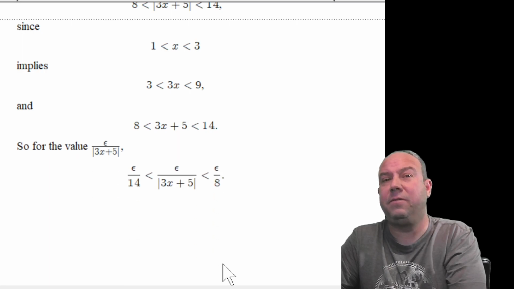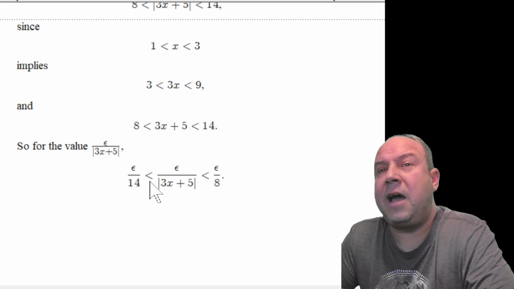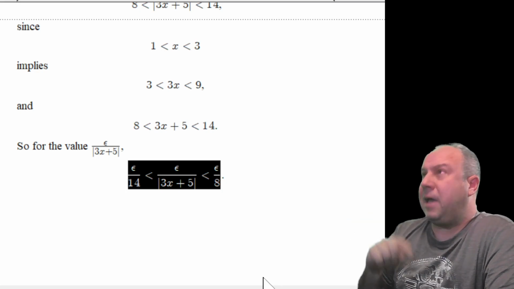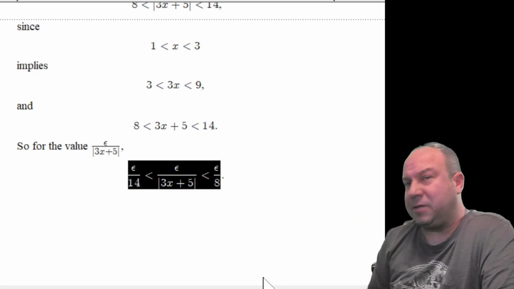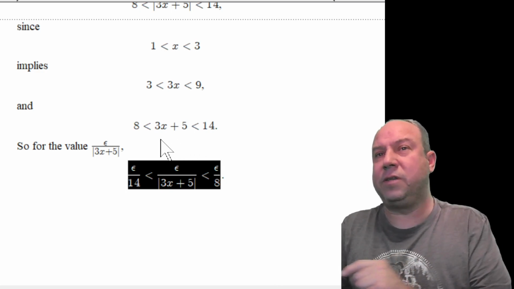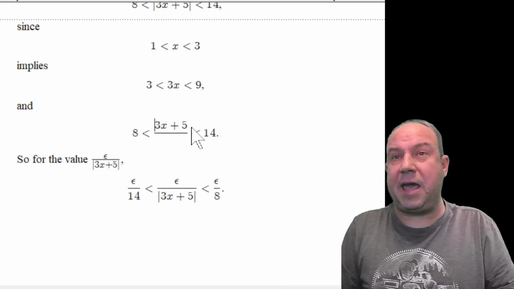And for the value of epsilon divided by the absolute value of 3x plus 5, it must be stuck between the epsilon over 14 on the low end and the epsilon over 8 on the high end. Now notice, what we are doing is we are dividing both of these arguments by epsilon.